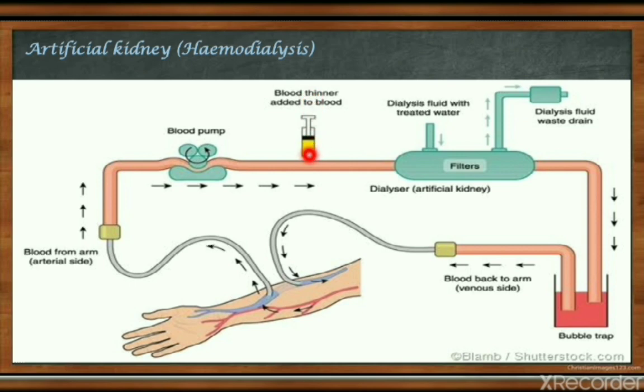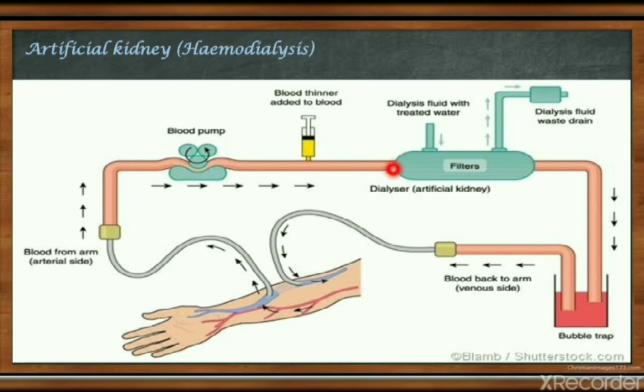To prevent that, with the help of an injection or any tube, heparin will be injected into that tube. Through this, that blood will enter the dialyzer machine. Basically, this one is the artificial kidney.